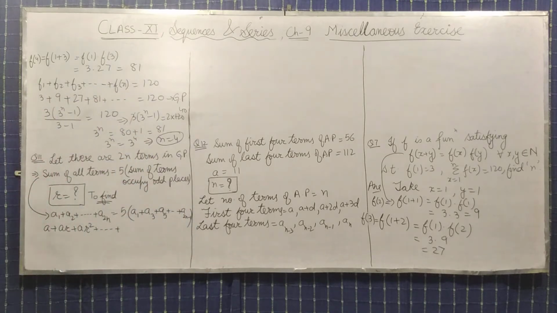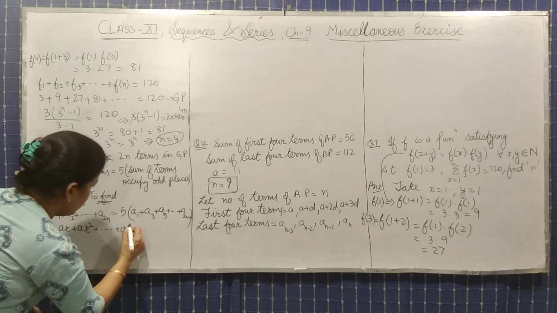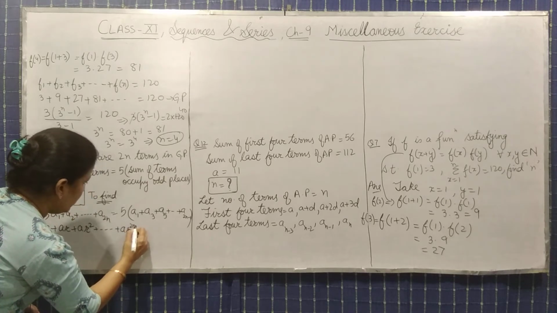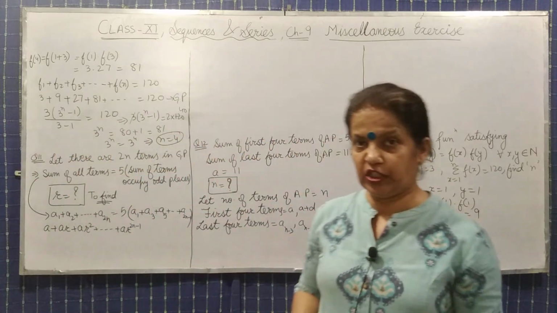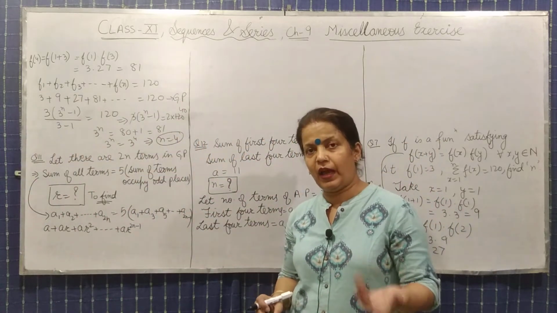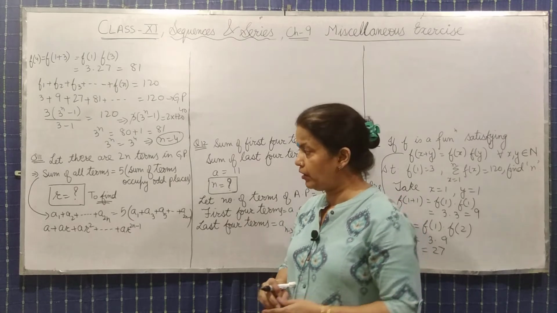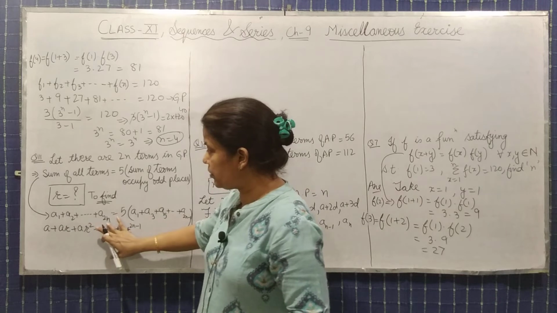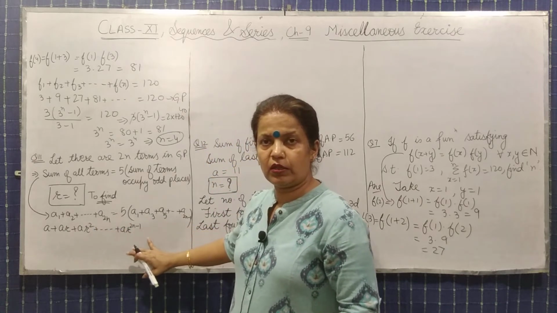So last term will be what? It will be ar^(2n minus 1). Isn't it? nth term अगर GP की है तो last term ar^(n minus 1) होता है. Same way here the terms are up to 2n, so last term will be ar^(2n minus 1).